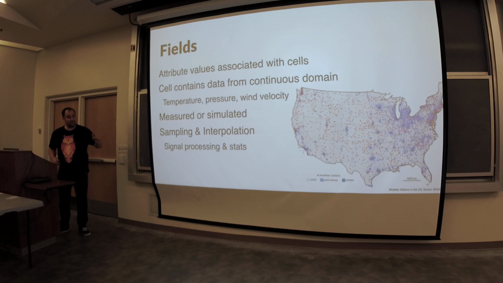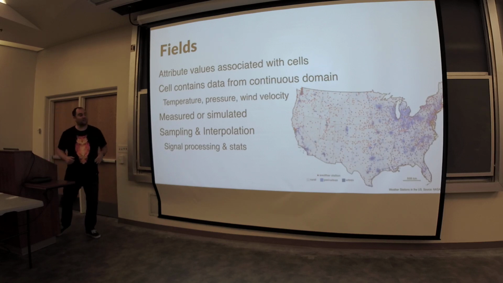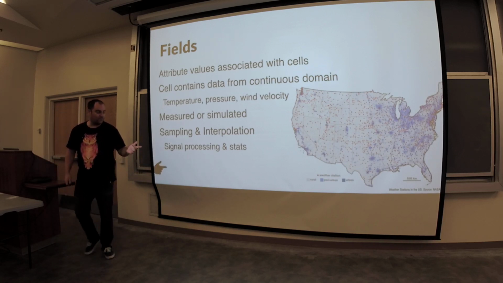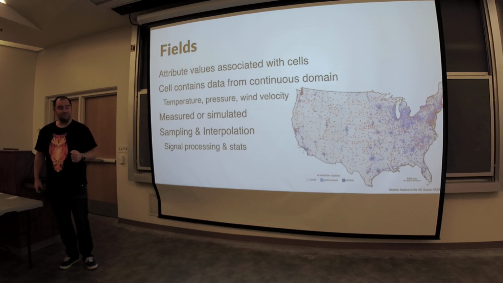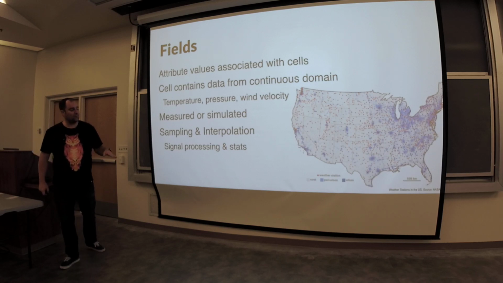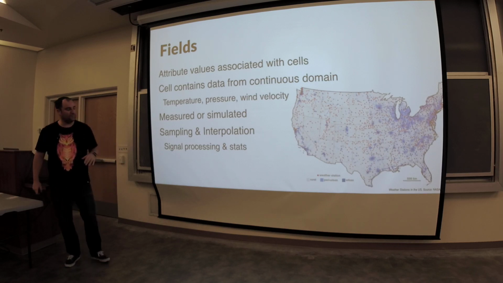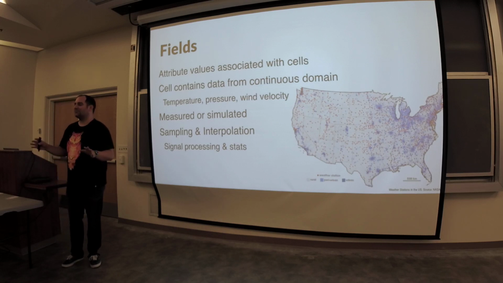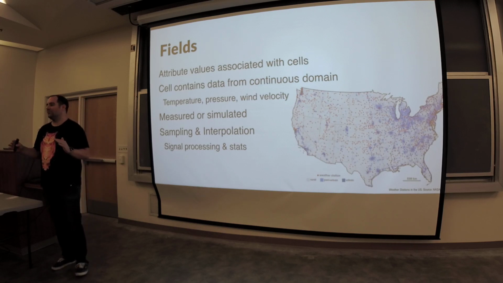What you see here is a map of all the weather stations in the United States. You also see some background information: rural, suburbs and urban. And what you see is that nobody ever thought it would be a good idea to have a uniform sampling of weather stations across the United States, right?